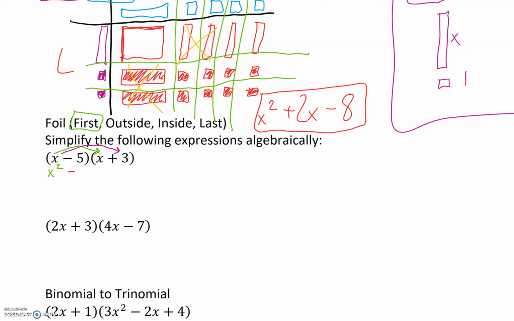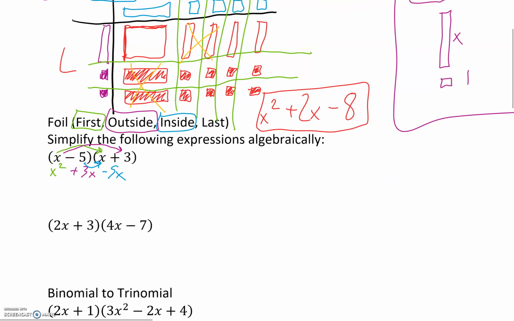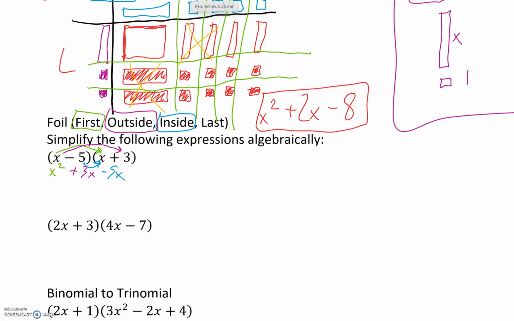This one here. So this is 3x, plus 3x. Then on the bottom, we have, so this is inside. Sorry. We have negative 5x, and then we have, let's use red last.